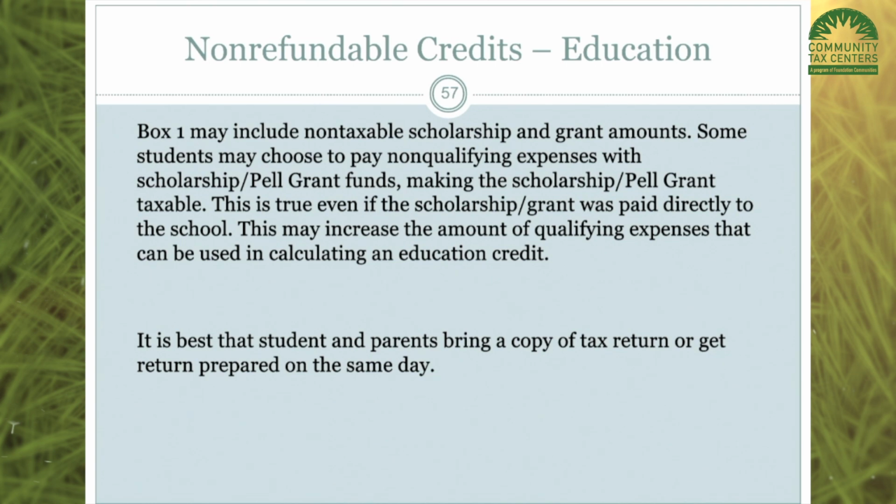And this is one of those. The student will be reporting some of this scholarship and grant as income, meaning that they would then have more expenses still left on the 1098-T, giving the taxpayer's spouse hopefully a larger credit or a credit for the education credit.